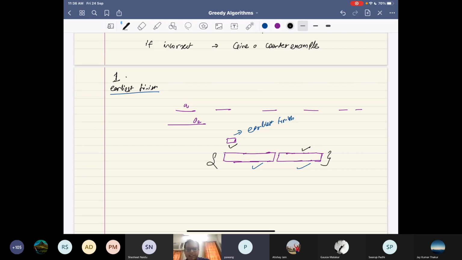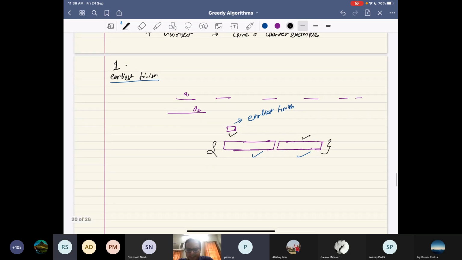Can anybody think of a counter example? Sir, why aren't we thinking in terms of i to j, or i plus 1? You can think in terms of i and j, that will not matter much. Right now you think only in terms of all the activities, and you have to select one activity.